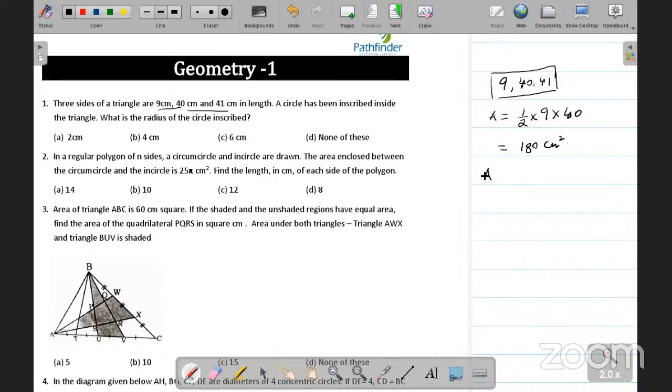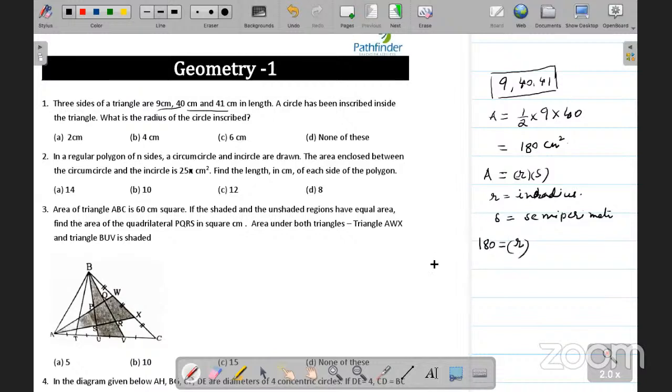And you also know that area of a triangle is equal to R into S, where R is the inradius, and S is the semi-perimeter. So you have 180 is equal to, what is the inradius? Inradius is not known.